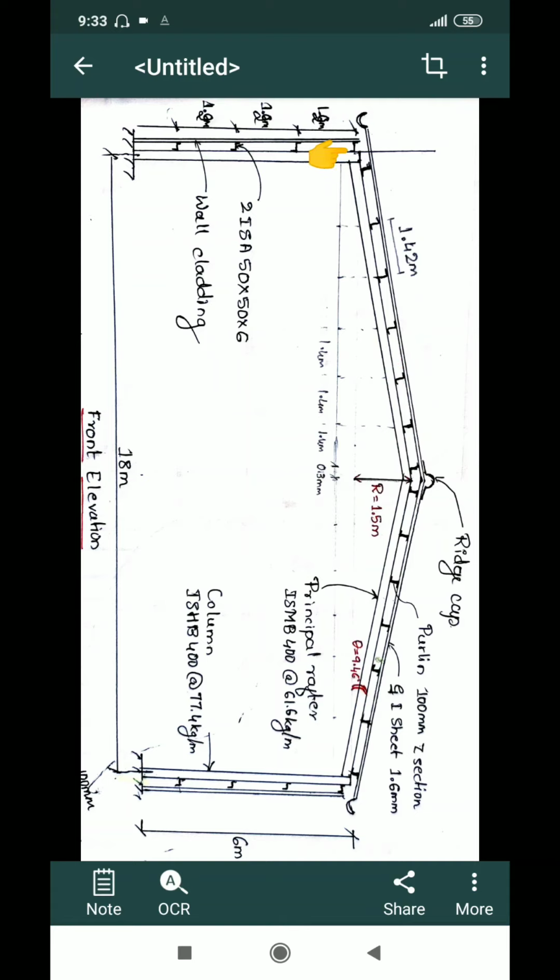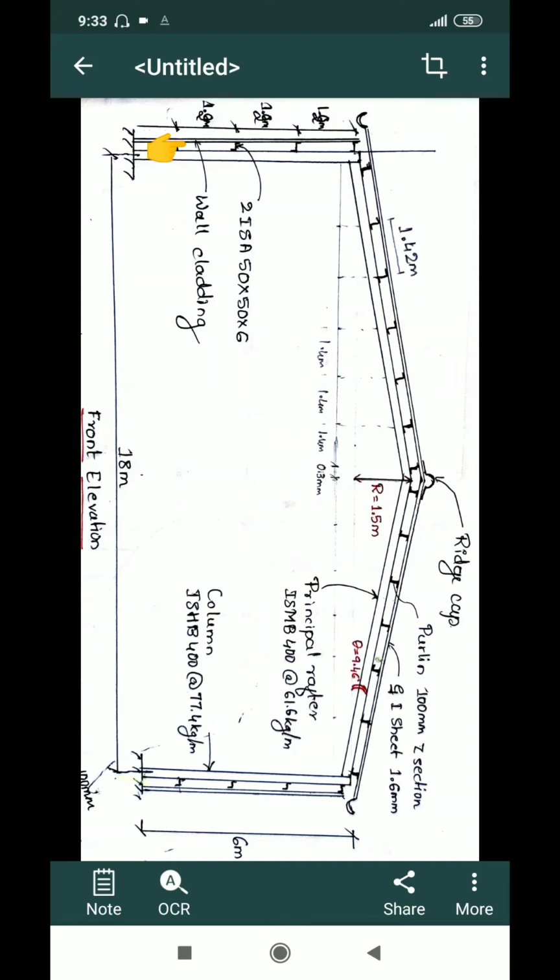Then after this we also provide wall cladding. So to attach a column to the wall cladding, I am providing a Z section over here. I will provide a Z section, and then the Z section is connected to a column, and then this Z section is connected to the wall cladding.